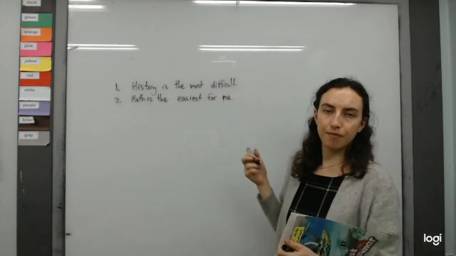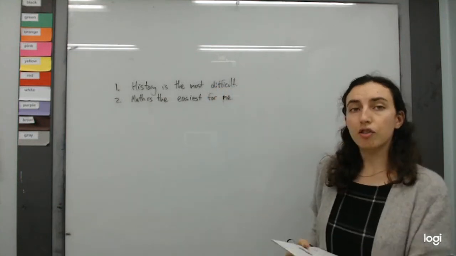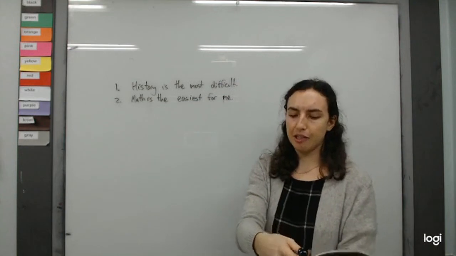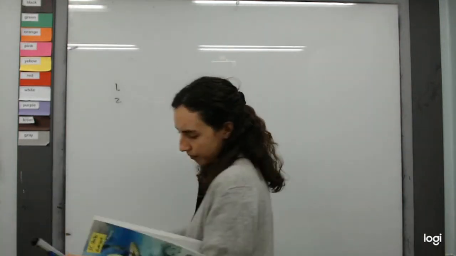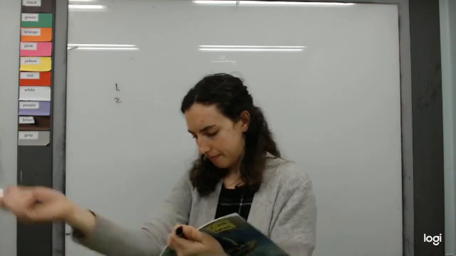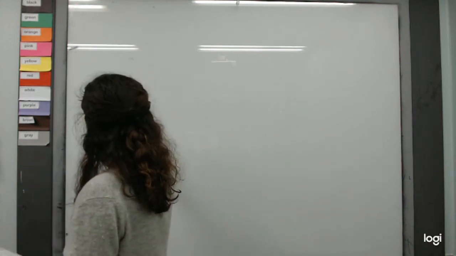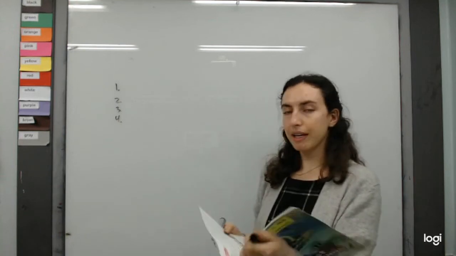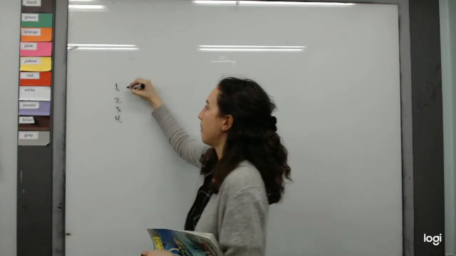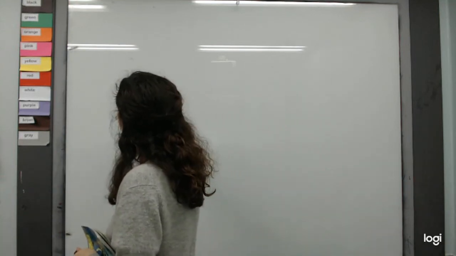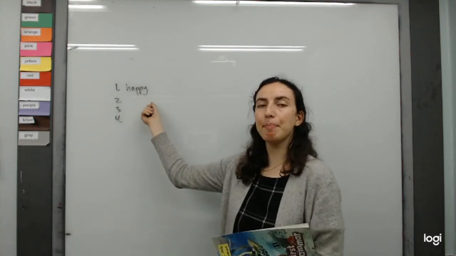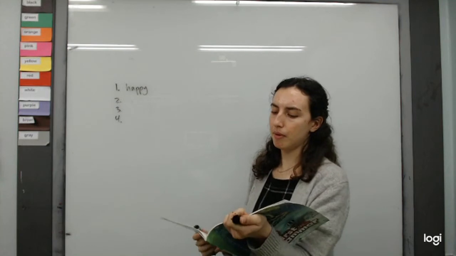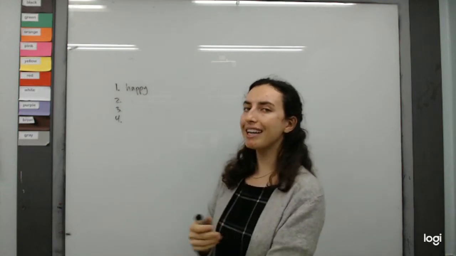Okay. So now let's go to the next page. Okay. So number one, he is a happy boy. Boy is a noun, so we use happy, adjective, not happily, which is an adverb. The next one, the baby cried sadly.